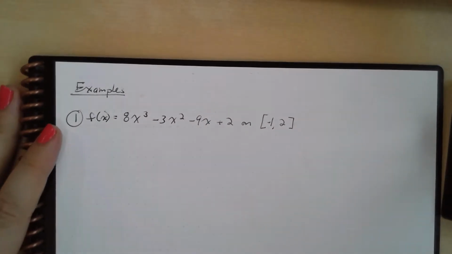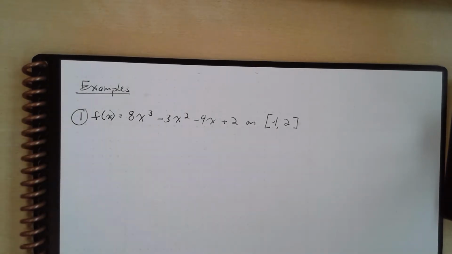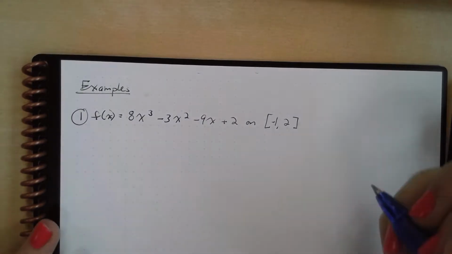Let's do some examples. We want to find the absolute extrema of the function on the given interval, provided that the extreme value theorem is applicable. If not, we're going to justify why. Here we have f of x equals 8x cubed minus 3x squared minus 9x plus 2. We know the absolute extrema have to occur at critical points or endpoints.